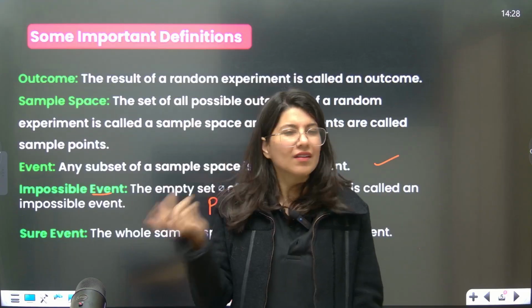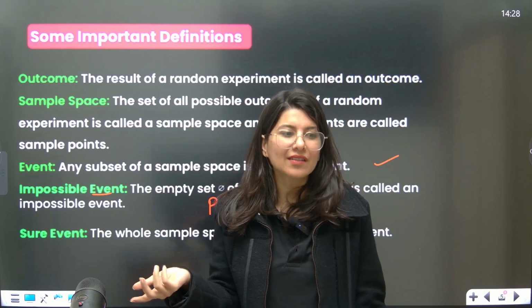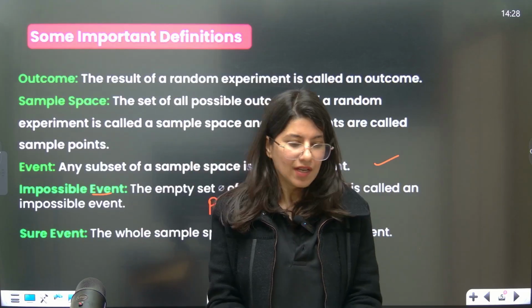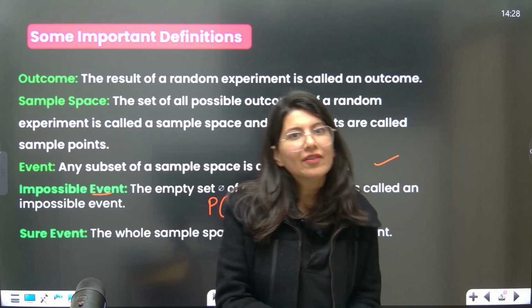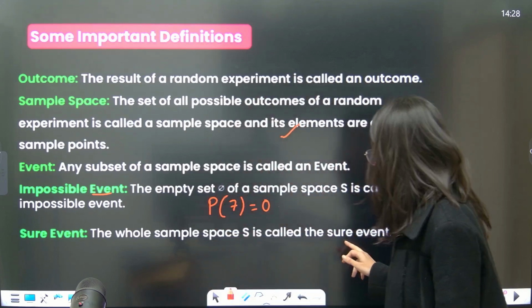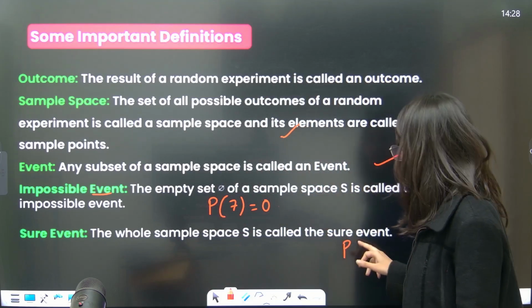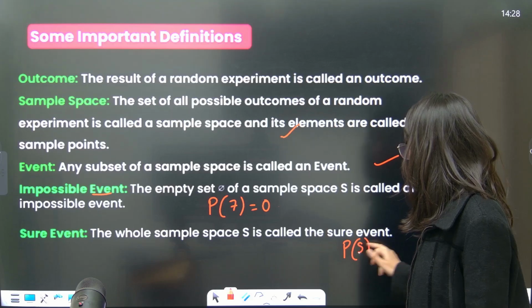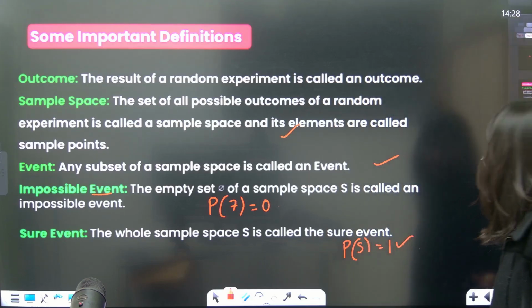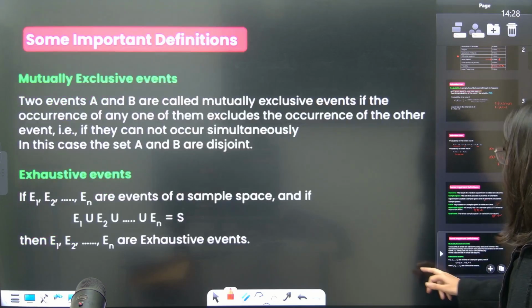This is what we are going to expect, right? This is surely going to happen. If you throw a dice, either it will be even or it will be odd. So a sure event is something which you definitely are going to get. So the probability of that sure event will be 1. Okay. Remember, impossible is 0, sure is 1.